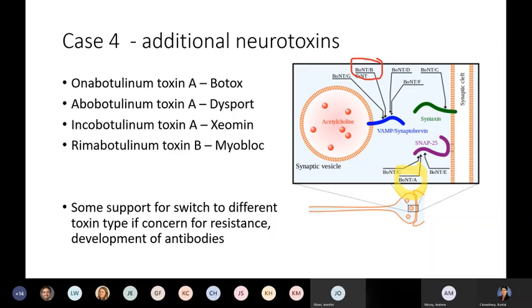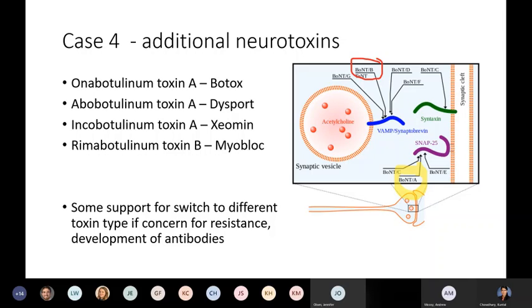There are others not included in this list, but these are the more commonly seen clinically. And then Myobloc is the type B toxin, rimabotulinum toxin B, and that actually acts at a different site, the synaptobrevin complex.